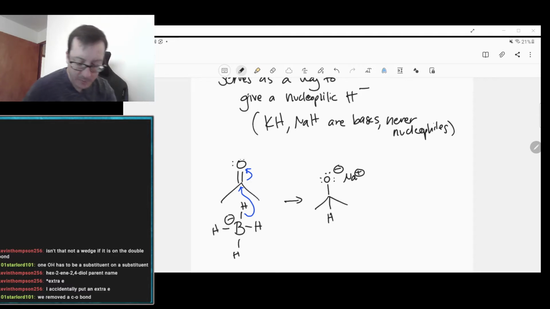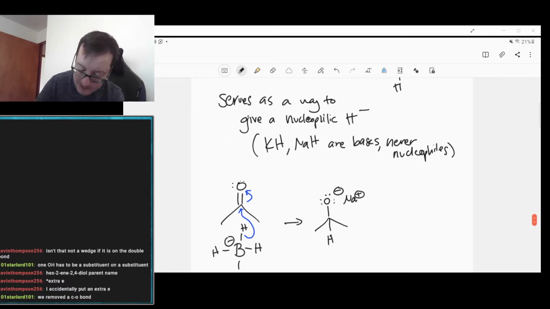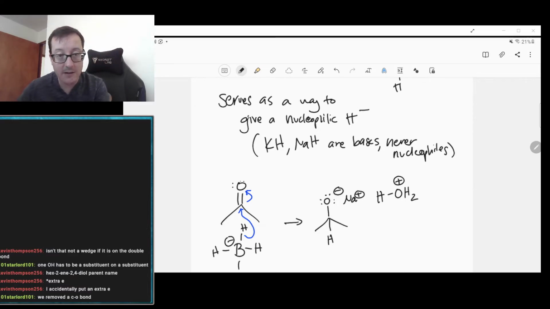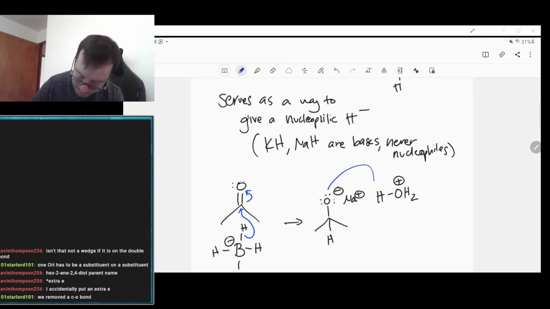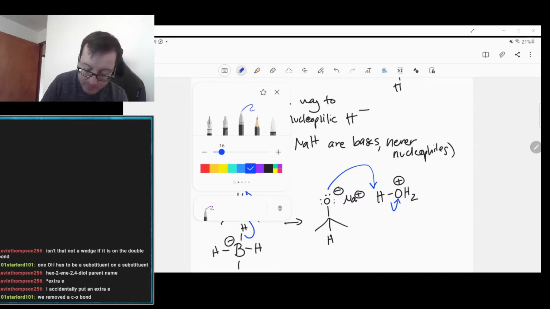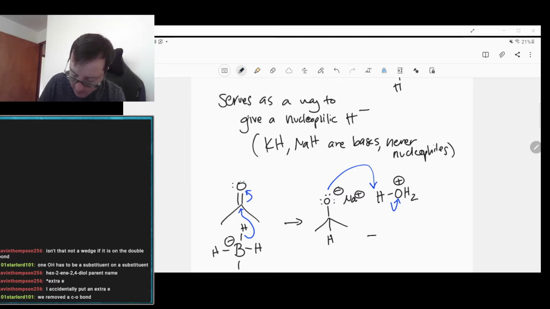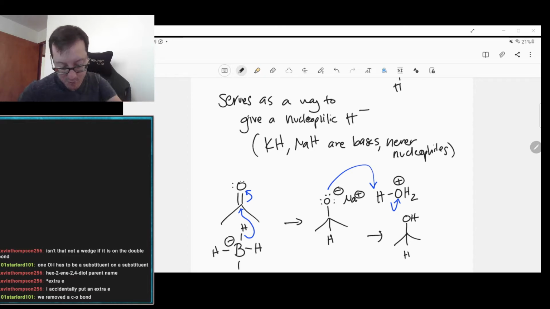That oxygen had two lone pairs, now it has three. So we have our counterion sodium hanging around. And typically we're going to see that the second step, we're going to add some acid to this. We could use water, but generally it's more common to use acid. And we'll protonate to make the alcohol. So as we can see, we have broken the CO bond and we formed a new CH bond.